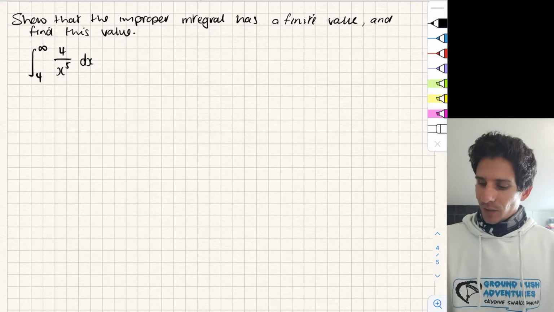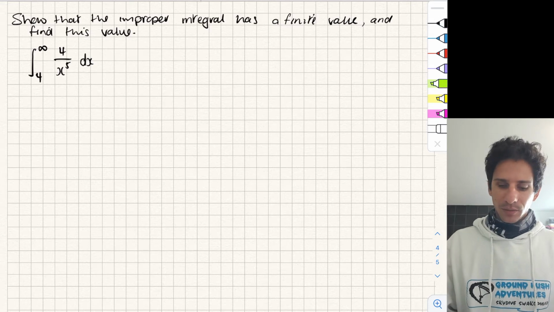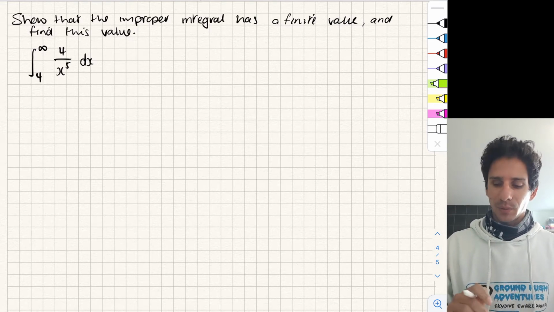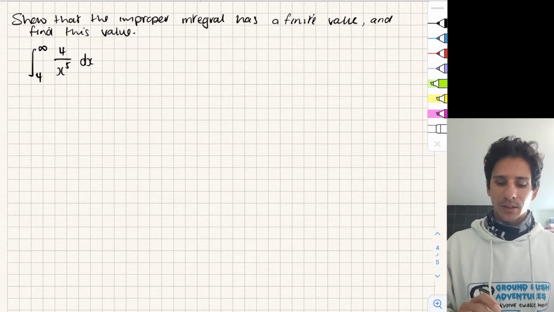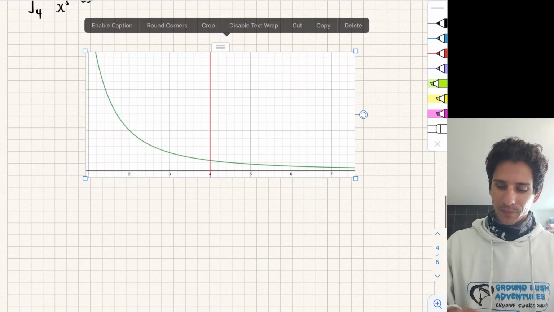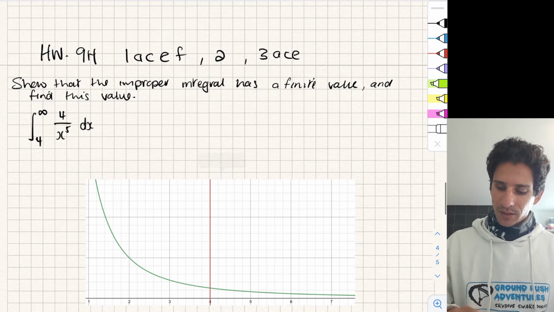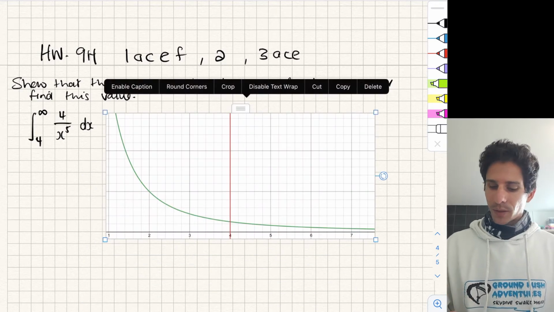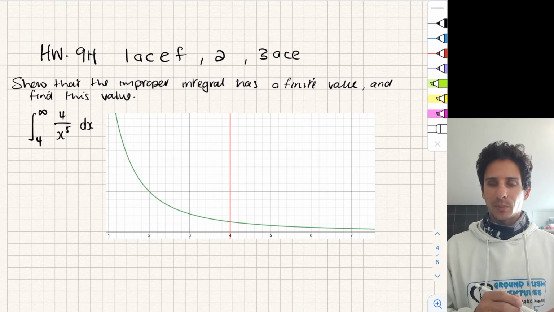So here we have the integral from 4 to infinity of 4 over x to the power of 5. Now the best thing we can do is get ourselves a graph, because that'll help us understand what's going on here. So here is the graph of 4 over x to the power of 5.